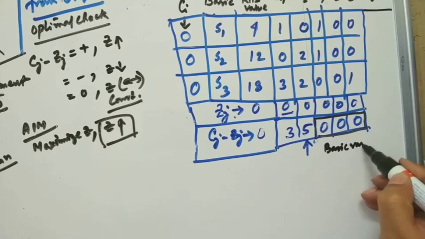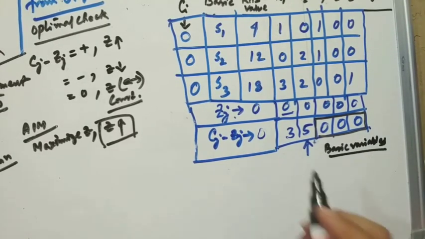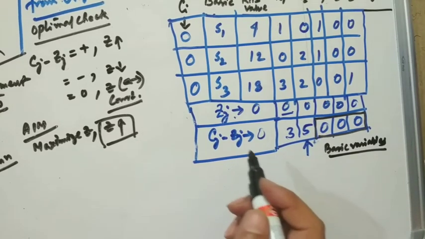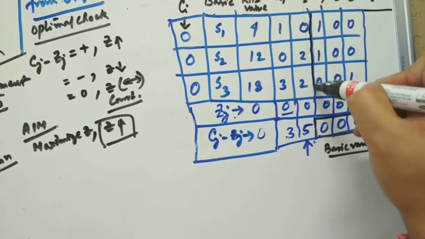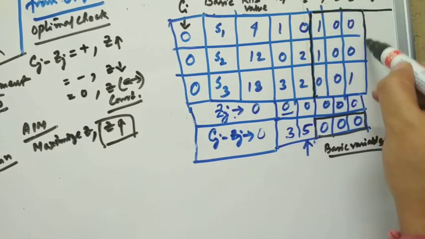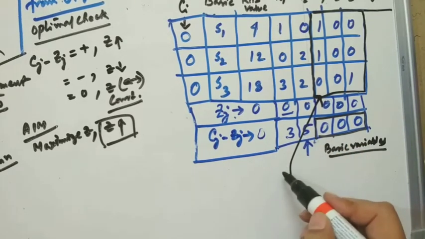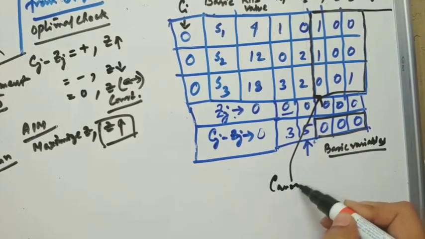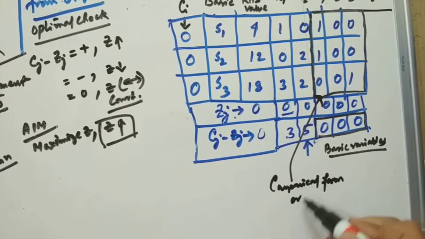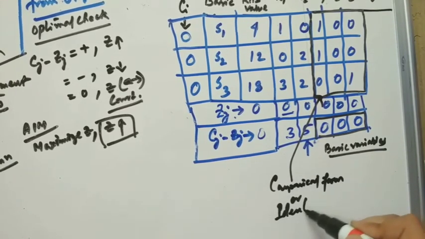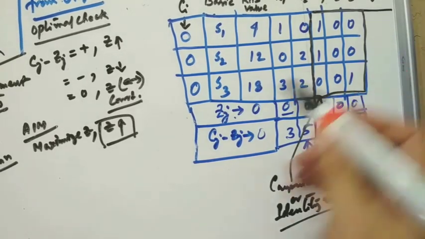These are the basic terms you should know before solving simplex. This is known as the canonical form or identity matrix.